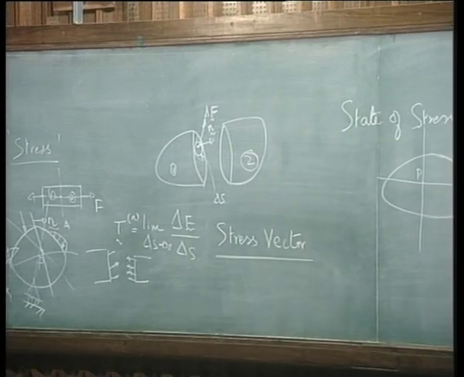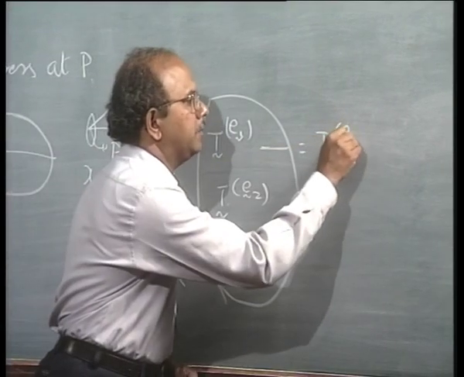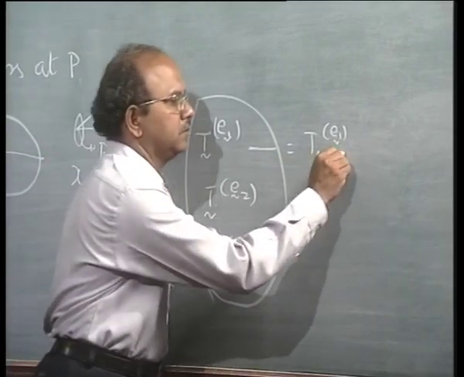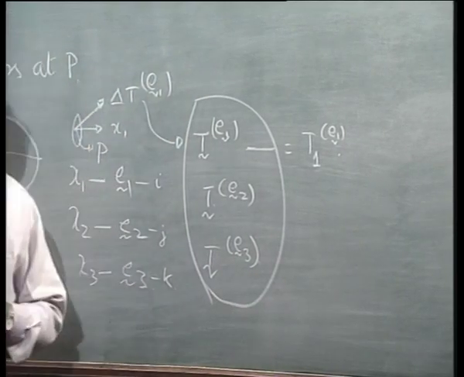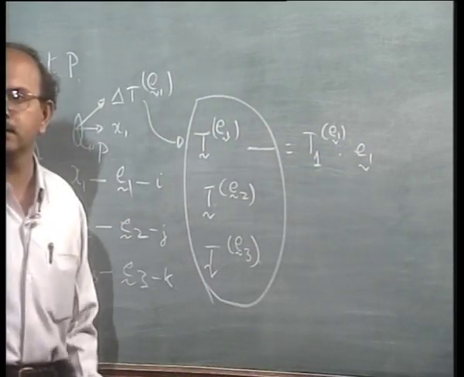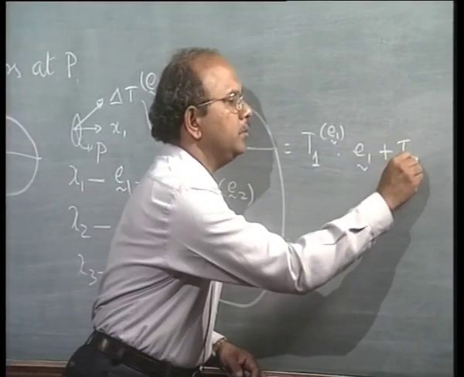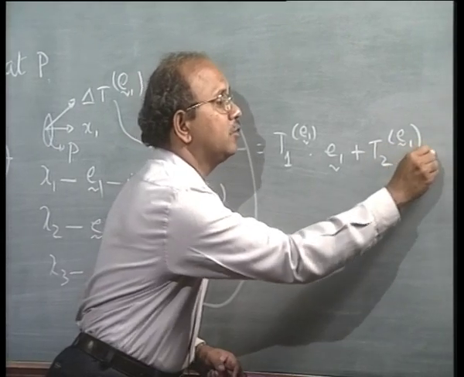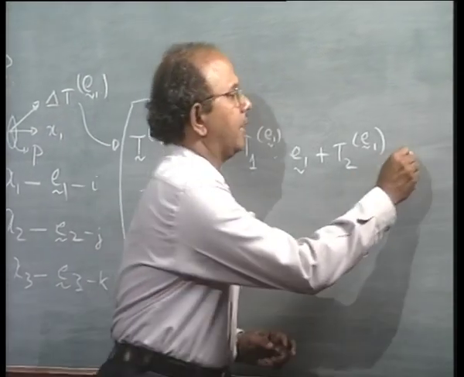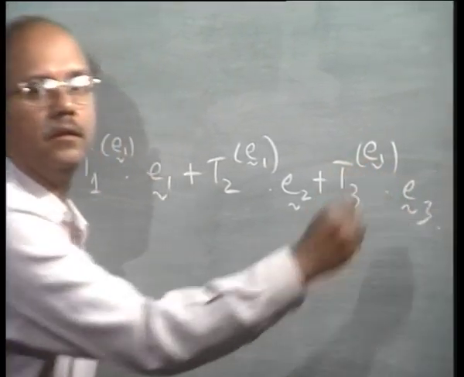T1 of E1 in the one direction, into E1, correct, that's it, plus T2 of E1 into E2, plus T3 of E1 into E3.